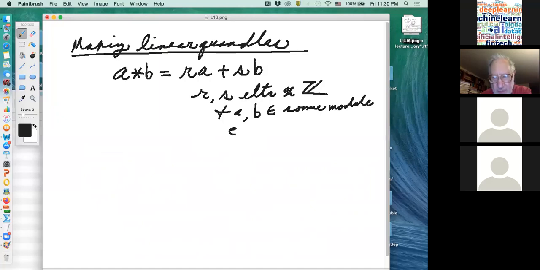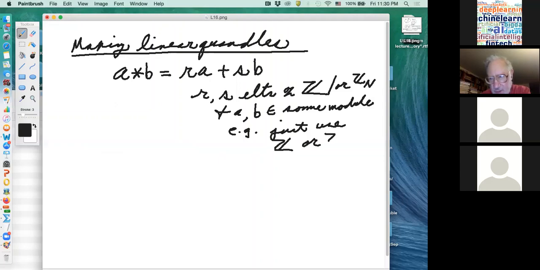So, for example, Z or Z mod n. You could say just use the integers or the integers mod n for some n. Now, I think this goes back to where we were before, but let's figure it out now. What would make a quandle if I used a rule like that?